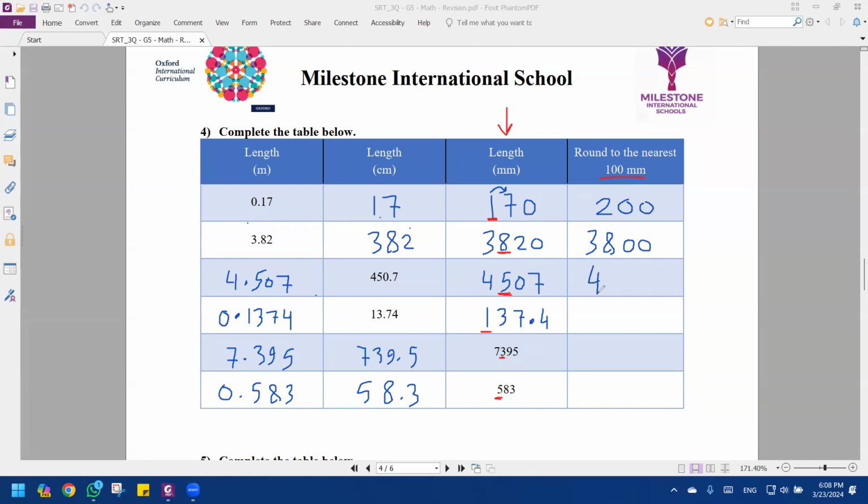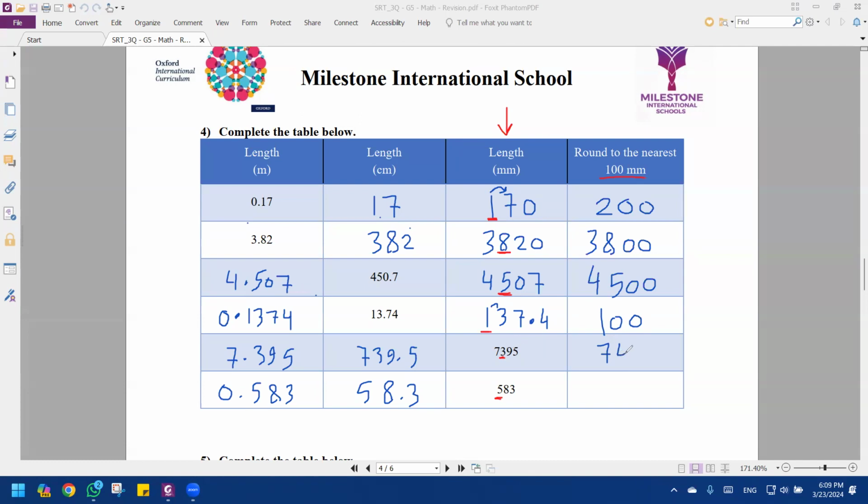Next one, I put the 4. 5, we check behind it, 0. 0 round down, 4,500. Next one, 137.4. We check 3 is round down. So 130, if I round it down, will be 100. Next one, 7,000. Now 3, we check behind it, it's 9.